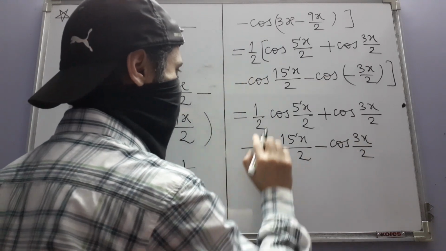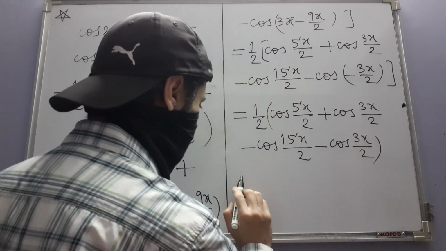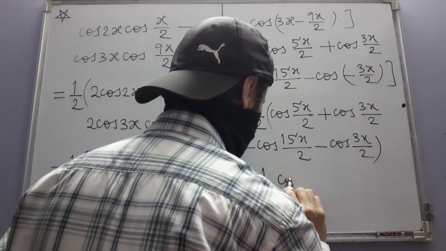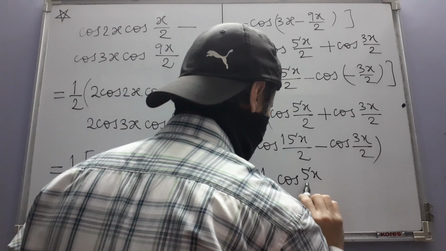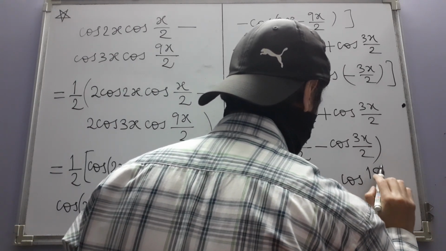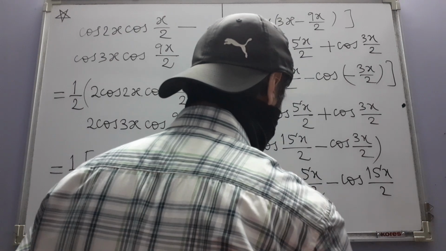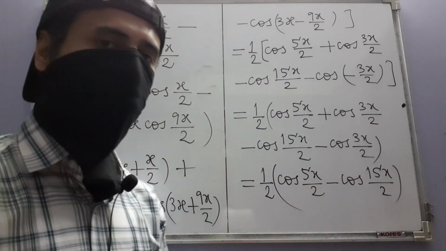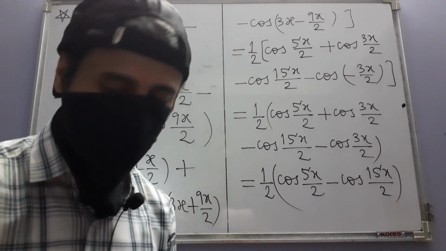So these two terms cancel each other and we are left with this. Minus cos 15x over 2. And now we also need the cos C minus cos D formula.